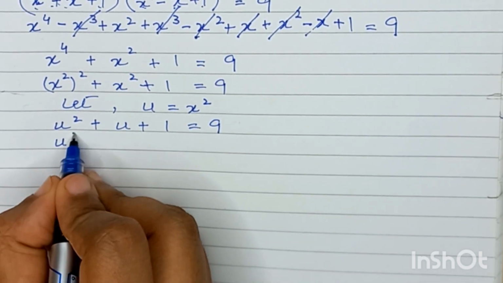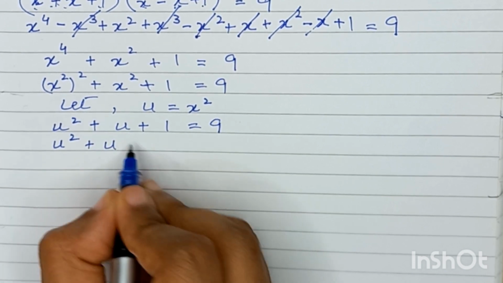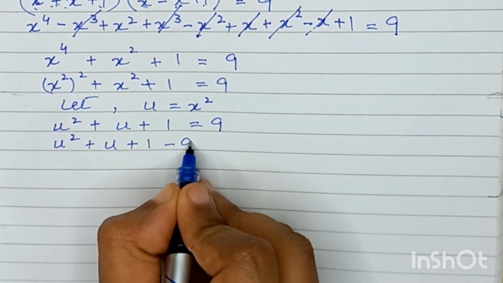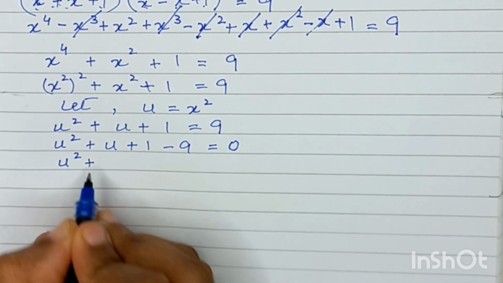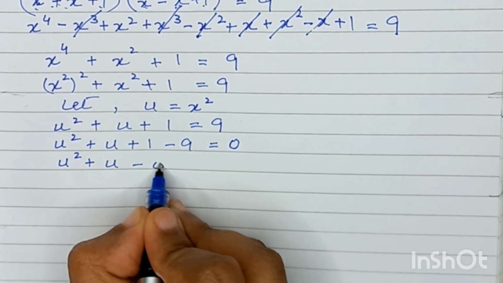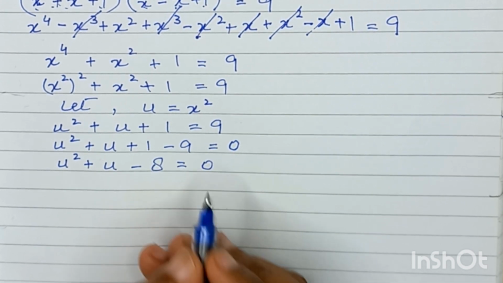So it can be written as u^2 plus u plus 1 minus 9 equals 0, so u^2 plus u minus 8 equals 0.